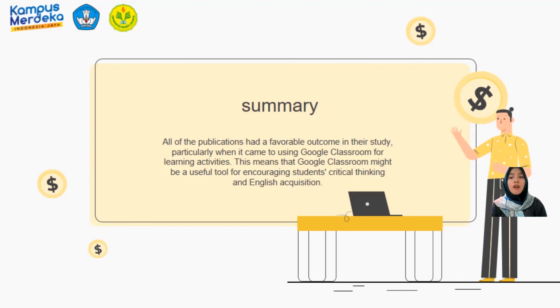So for students and teachers, as we know, Google Classroom is one of the favorite web media for learning activities, so while the pandemic era is still with us, we can still get many positive impacts from doing learning activities using Google Classroom.